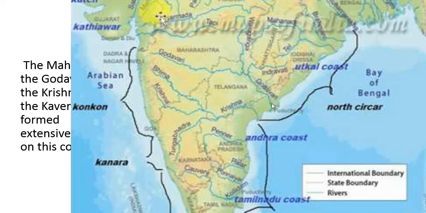These rivers make deltas near the river mouth before meeting the larger water body, that is the Bay of Bengal. This is an important feature seen in the eastern coastal plains. So deltas are formed.